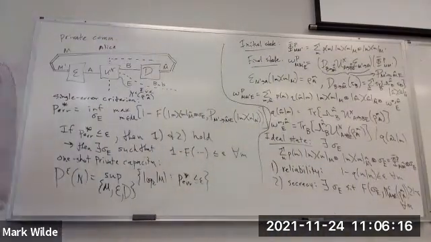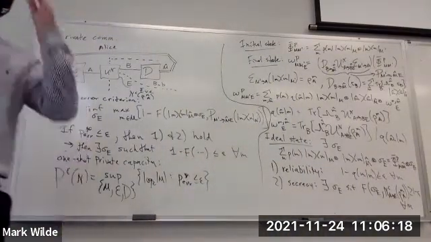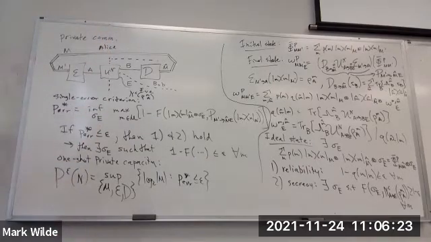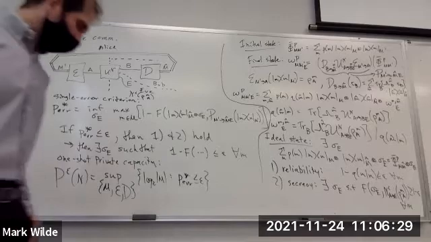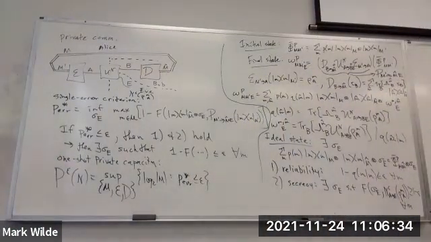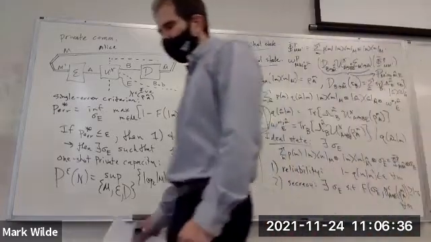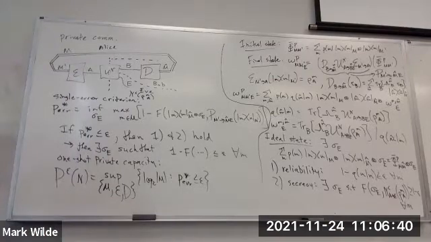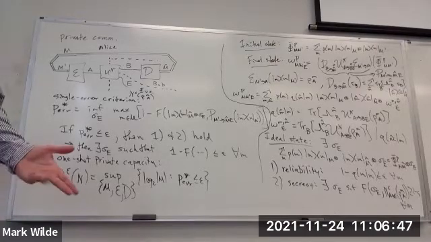You could ask me why didn't you use trace distance? It's a legitimate question. The reason is that the converses are cleaner with fidelity. Maybe the achievability part will be cleaner with trace distance, but we just had to make a choice. I do personally think that trace distance is the better measure, but some of these debates are a bit silly.